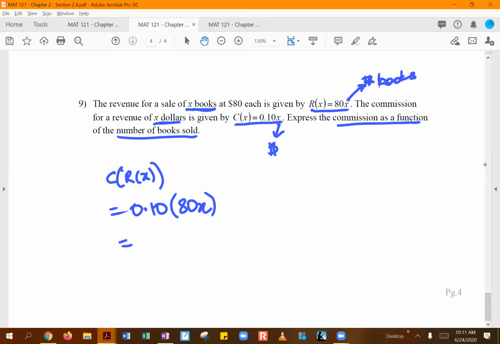Yeah, when you multiply the 0.10 with 80x, you're basically going to end up getting 8x. So what this is actually telling us is your X now represents the number of books. And what does that 8 tell you then, guys?